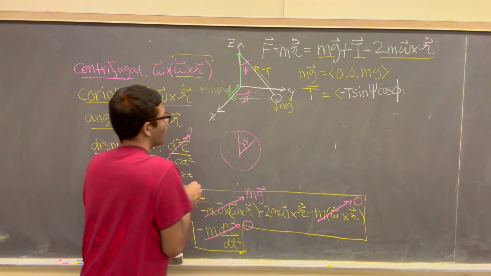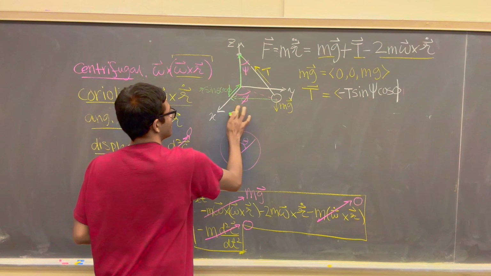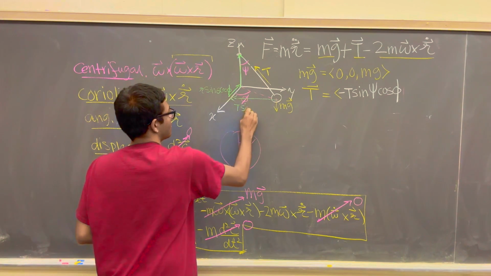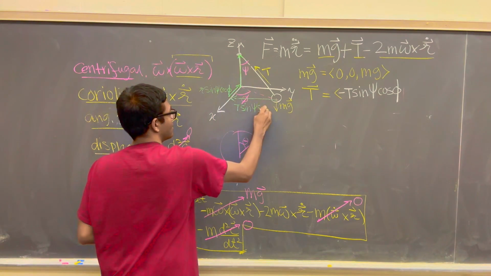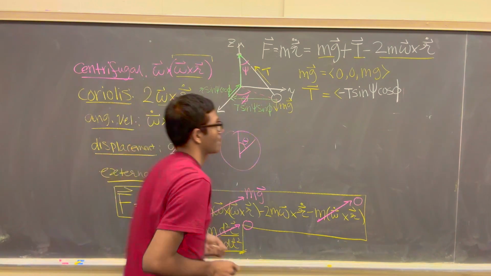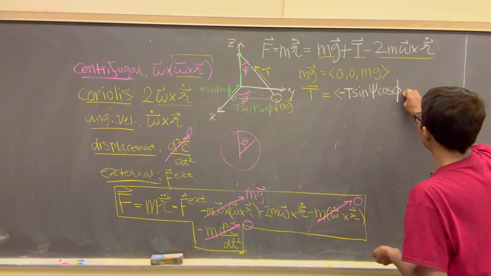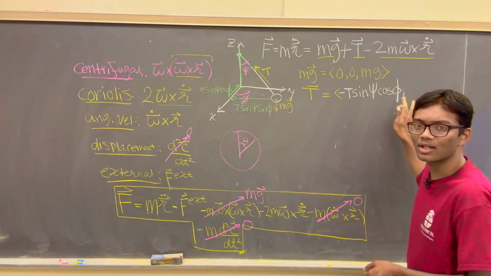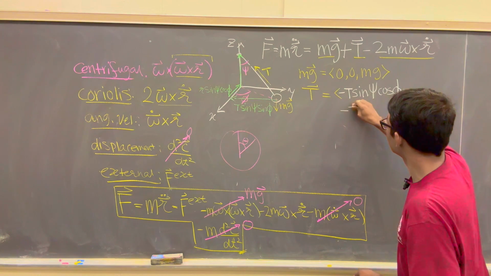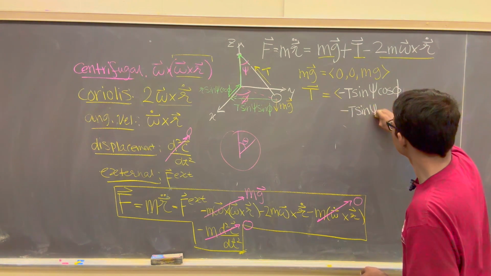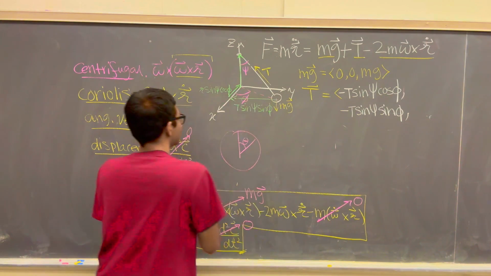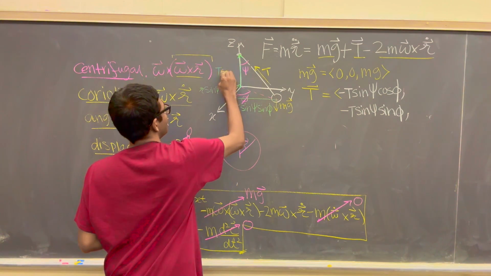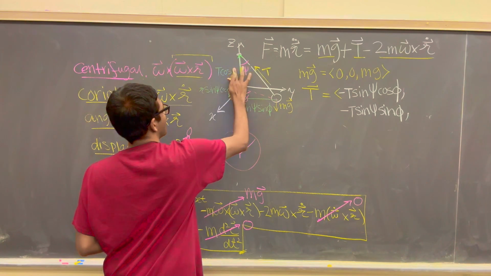And then my y component is going to be, instead of r, I'm using t. So t sine psi sine phi. So this is going to be, hopefully you can still see what I write, so let me write it over here. Minus t sine psi sine phi. And finally, the z component is going to be t cosine psi.